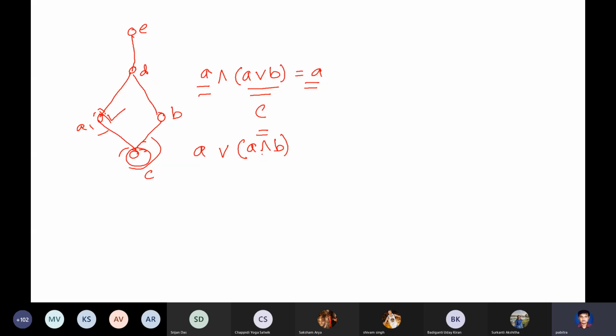The upper bound of A and B is D. And what is the meet of A and D? It's A itself. So this is also equal to A.